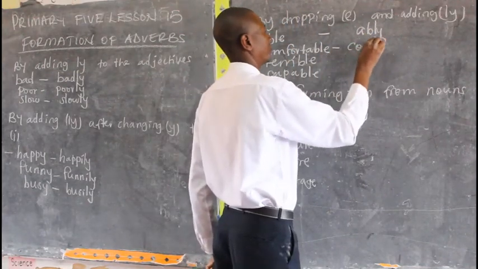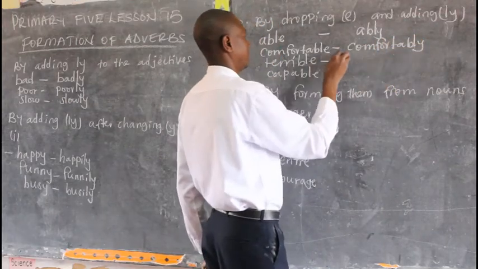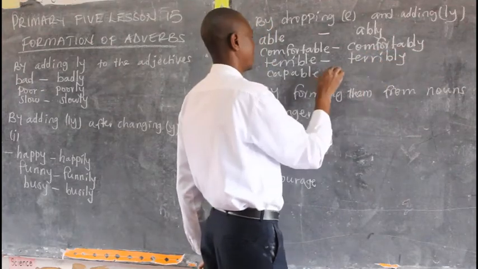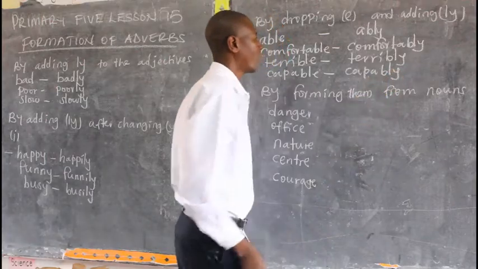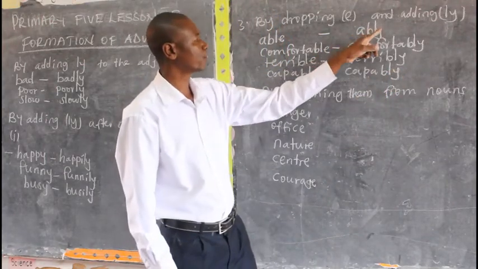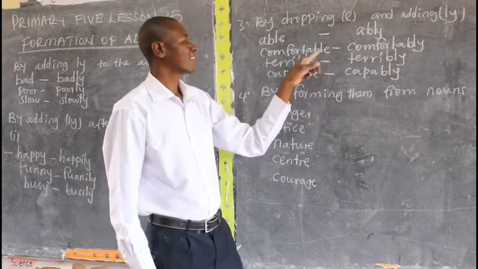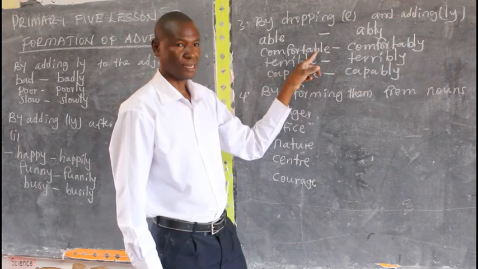Comfortable becomes comfortably. Terrible becomes terribly. Capable becomes capably. So you have seen that in these adverbs, we have not indicated letter e anywhere. That means they have dropped letter e.